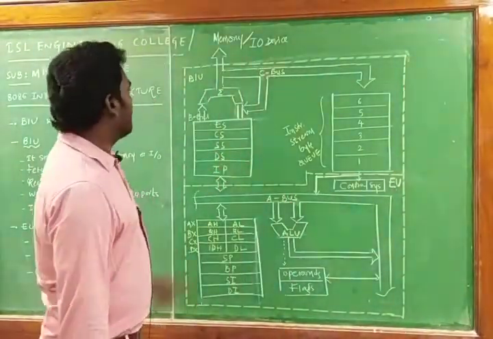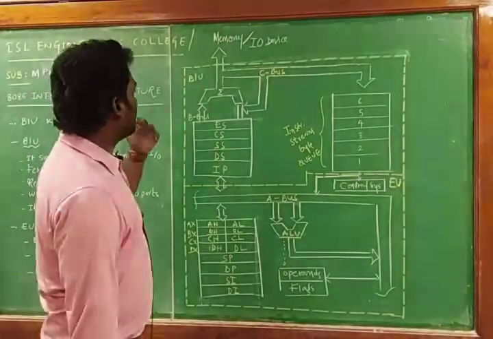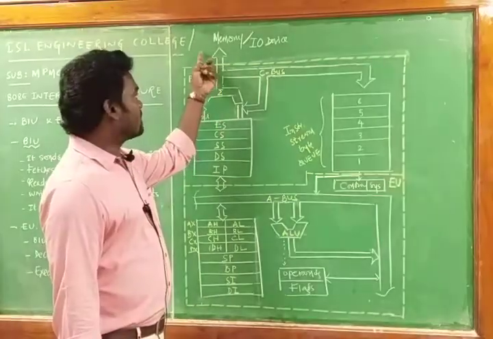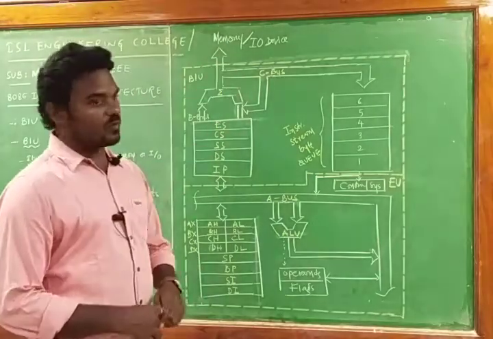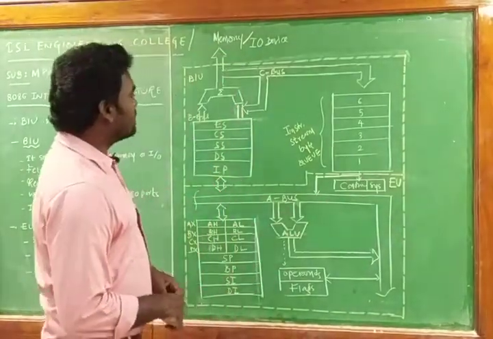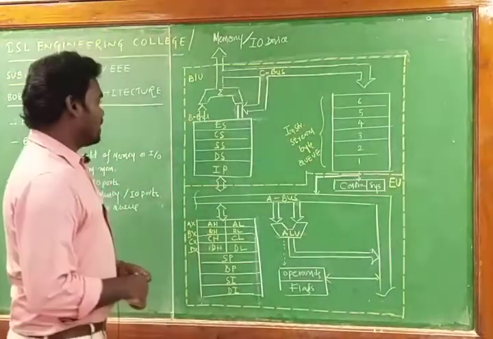BIU is nothing but the bus interface unit. That means it is going to interface with the outside of the microprocessor, that may be memory or input output ports, whereas the execution unit is going to execute the instructions which are fetched by the bus interfacing unit.